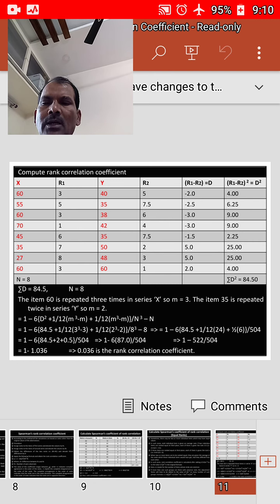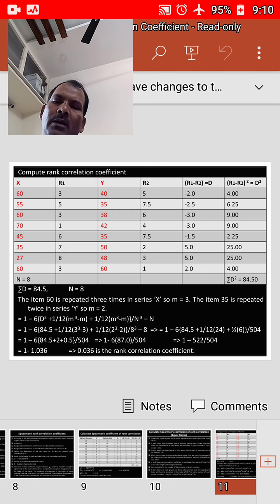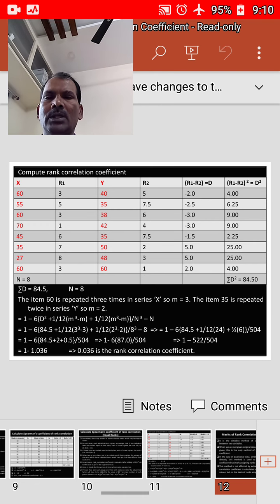Thus, the rank correlation coefficient is equal to minus 0.036. Merits and limitations of rank correlation coefficient we'll see now.